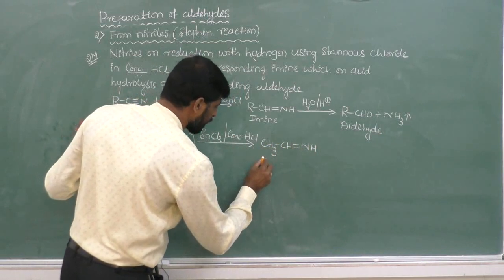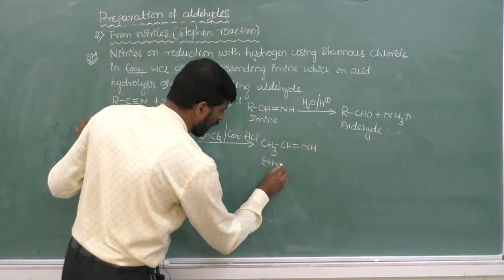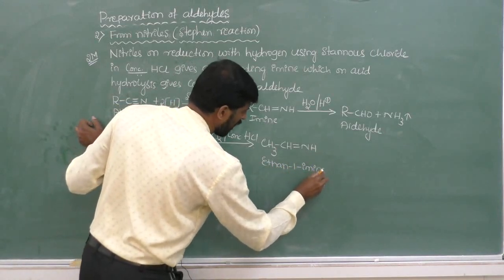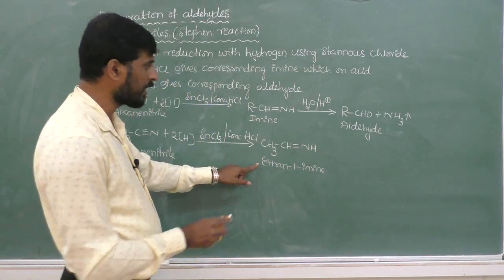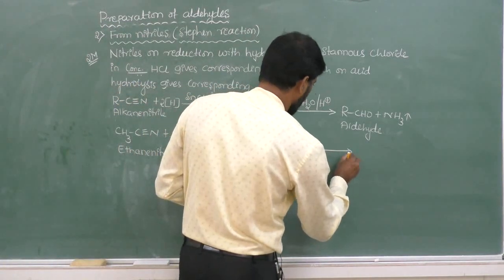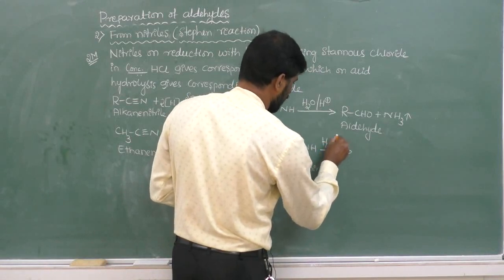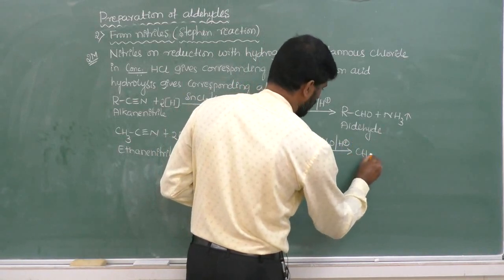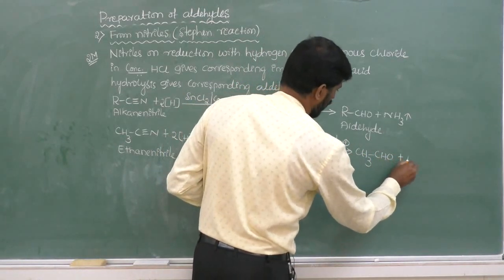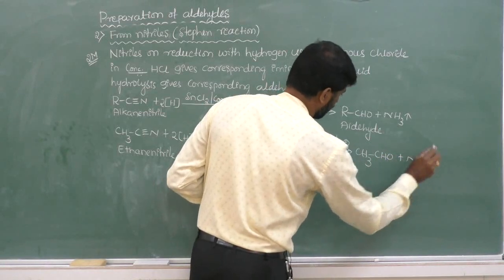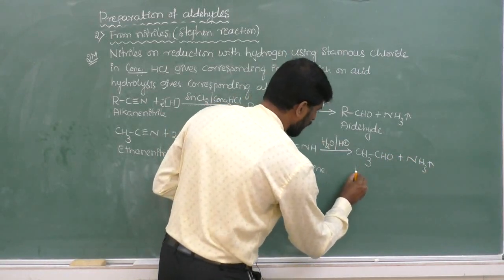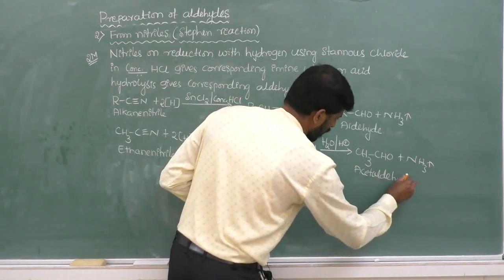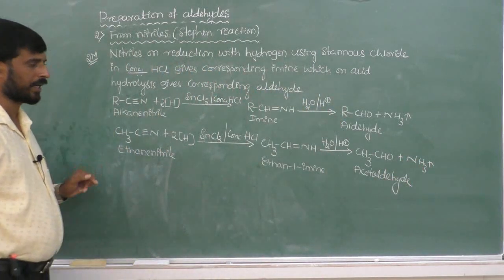So this is ethan-1-imine, which on acid hydrolysis leads to the formation of CH3CHO plus ammonia, and this is known as acetaldehyde.